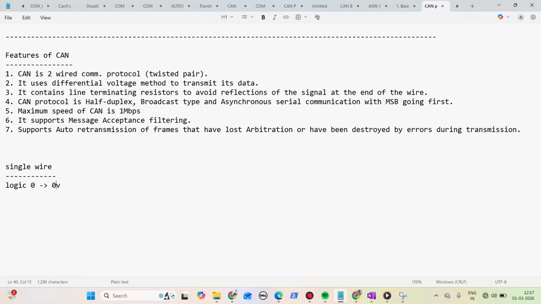Like in our school days we have studied, if any wire is within a magnetic flux, due to the change in magnetic flux there are chances of inducing a voltage inside that wire. We call it electromagnetic interference.